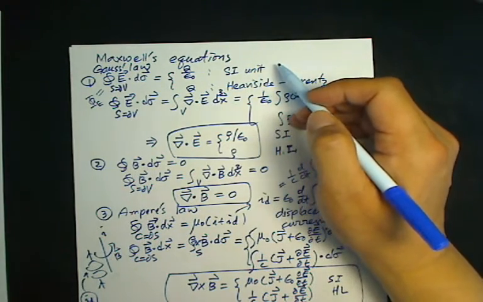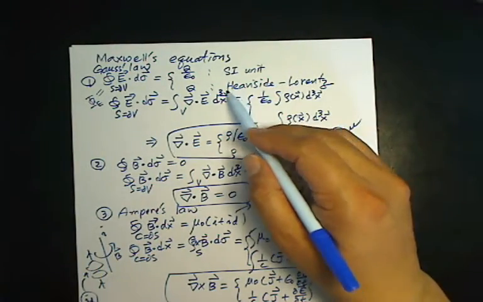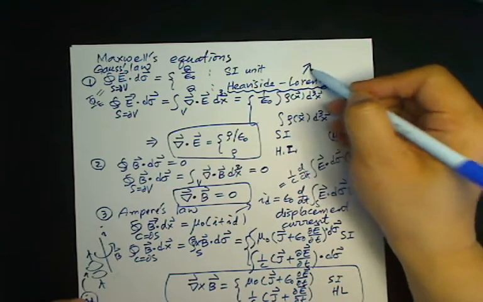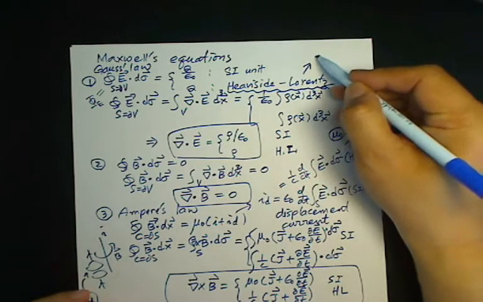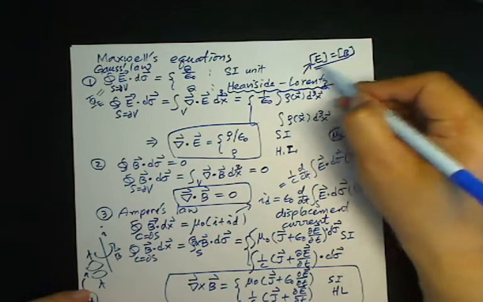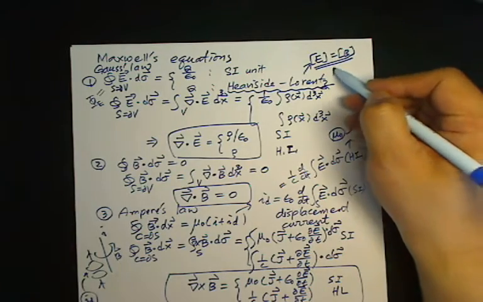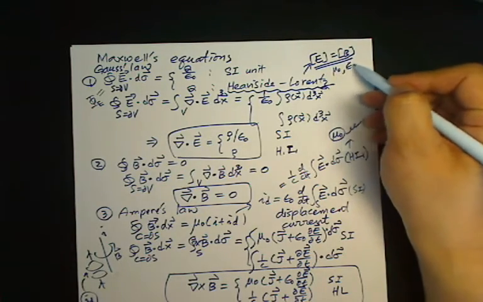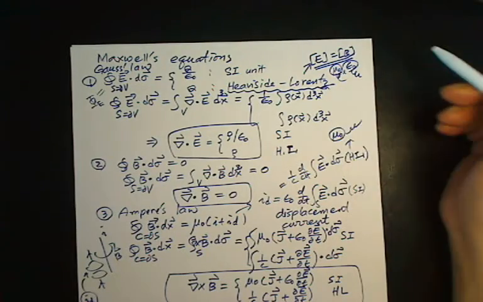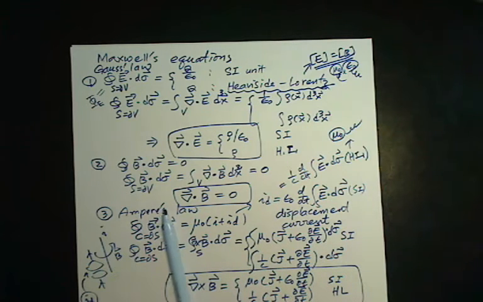However, in this class, let me make use of Heaviside-Lorentz units. In Heaviside-Lorentz units, the E field and B field dimensions are the same, and epsilon 0 and mu 0 do not appear. So the expression is very compact in this frame.